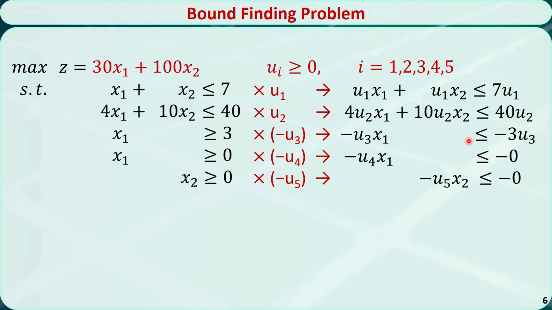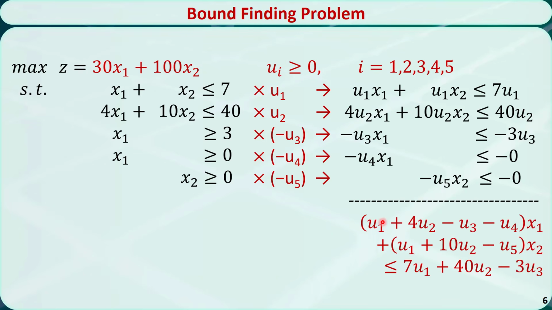So the greater than or equal to sign will be changed to less than or equal to sign. We add them up. The resultant inequality is listed here. We want to match the coefficients of x1 and x2 here with the coefficients of x1 and x2 in the objective function. That is, this item is equal to 30. This item is equal to 100. We also want to find the minimum right-hand side, which represents the minimum upper bound of Z star.